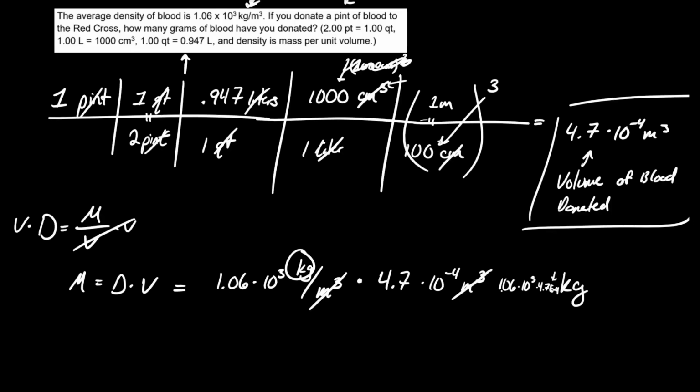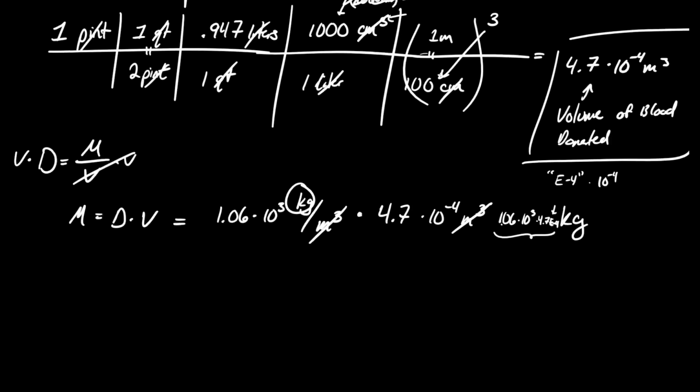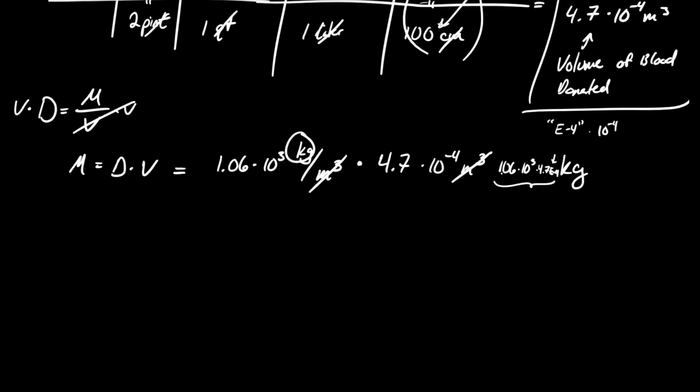By the way, this e notation, e negative 4, is the same thing as times 10 to the negative 4th. Okay, and if you plug this into a calculator, what you end up getting is 0.502 kilograms of blood.